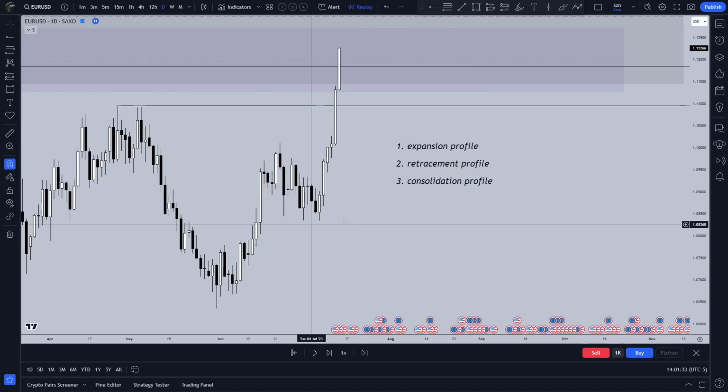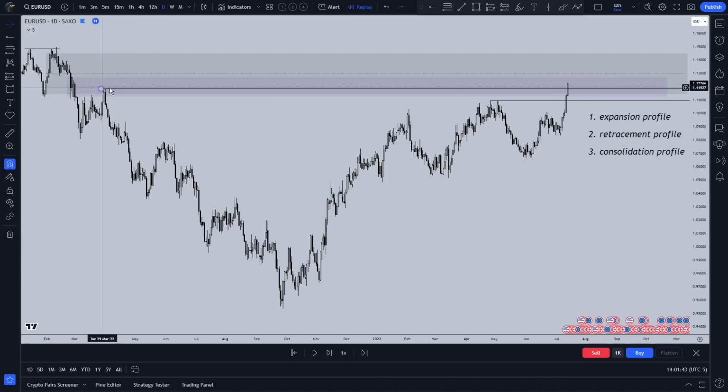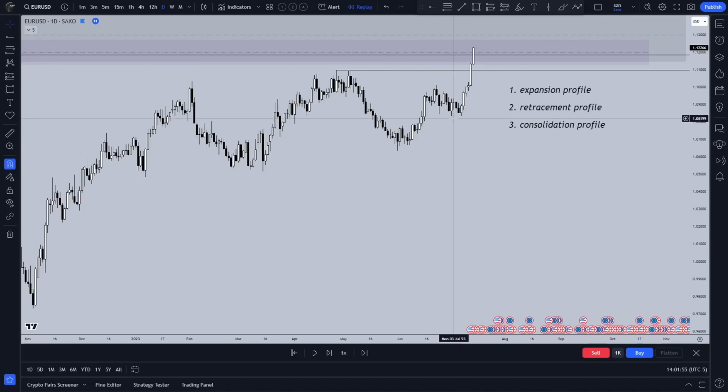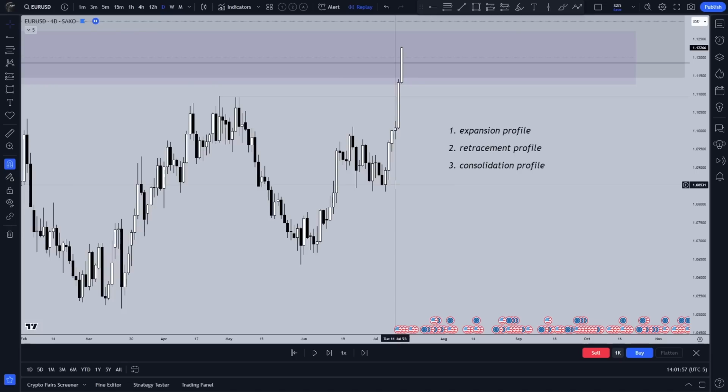And when can we expect a consolidation profile? That's every time we trade into a higher time frame level. So for example, if we take out a higher time frame all-time high or low, I'm expecting a consolidation profile to be next. And the other criteria I use for a consolidation profile is if the previous daily candles have seen an overextension in price.